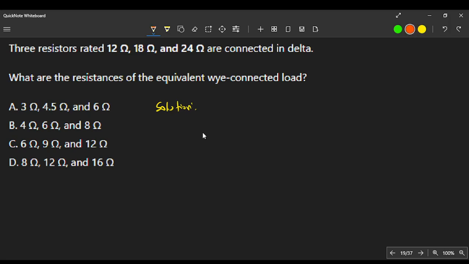Let's say this one is A, which is 12 ohms, this one is B, which is 18 ohms, and this is C, which is 24 ohms. We'll transform this into a Y connected load.